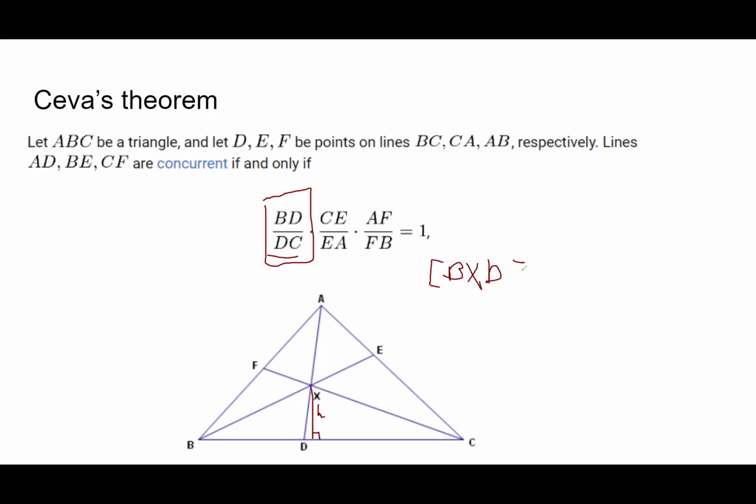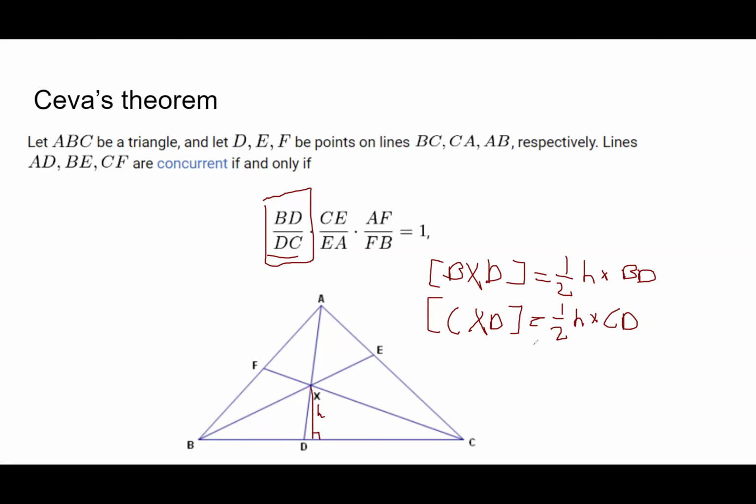The area of triangle BXD equals half H times BD, and we also know that the area of triangle CXD equals half H times CD.